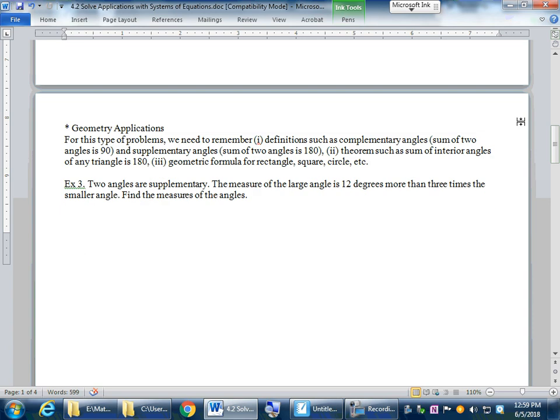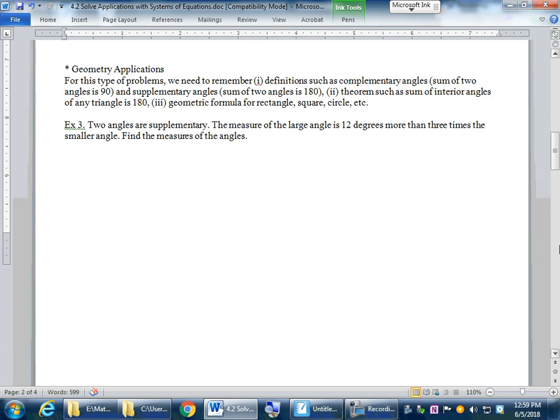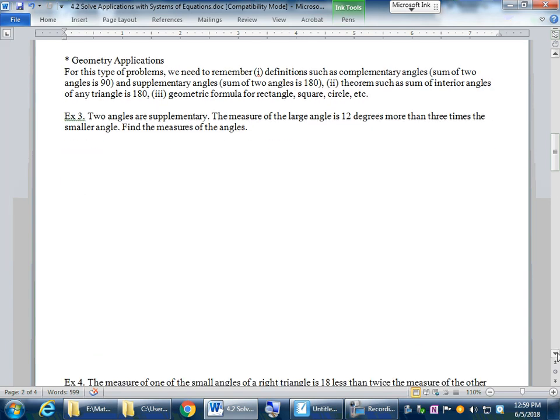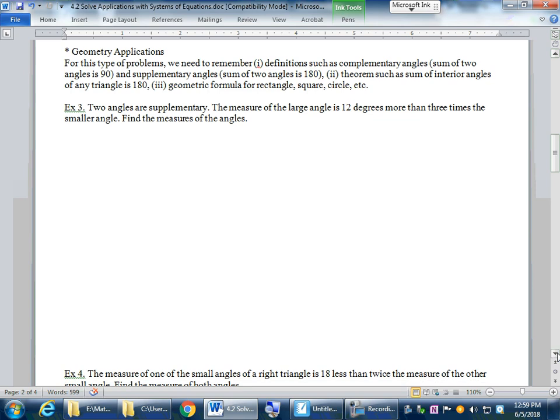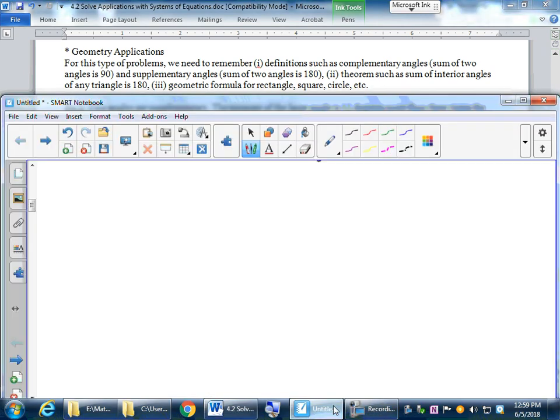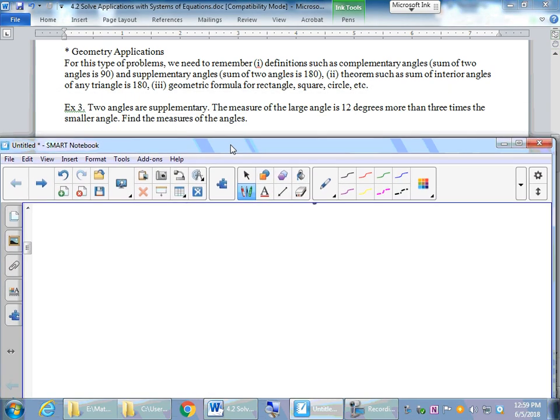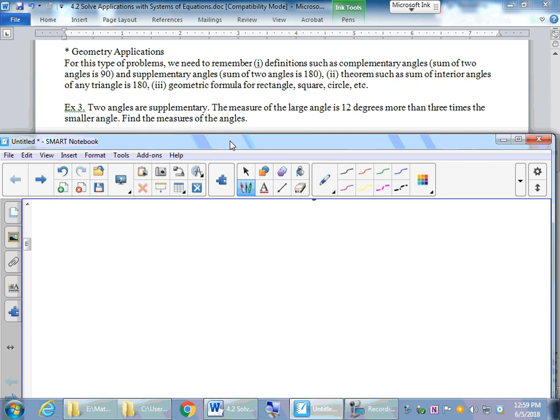So the next type of example will be dealing with the geometry applications. Okay? So for geometry type of problems, you have to remember what is a complementary angle means. That means like two angles added up to be 90 degrees. Supplementary angles, two angles added up to be 180 degrees.